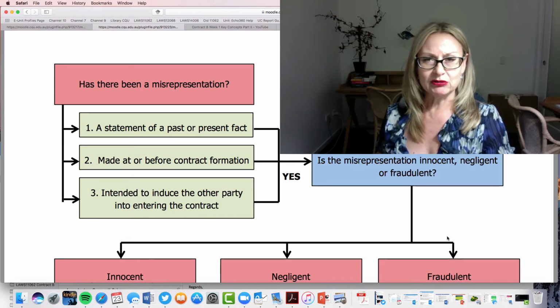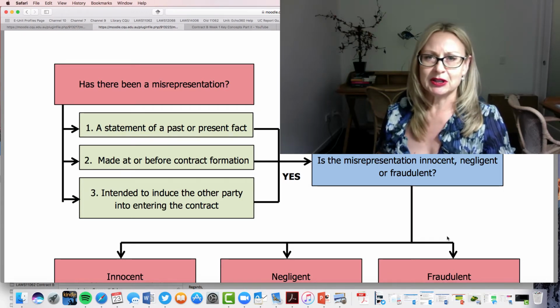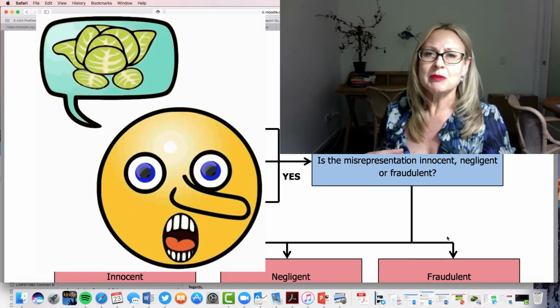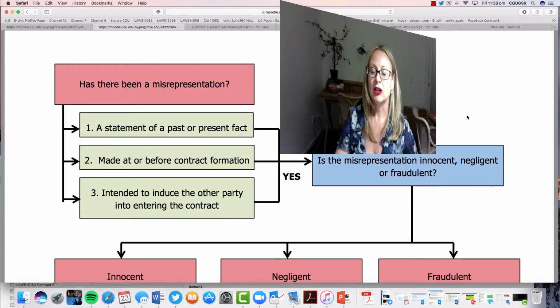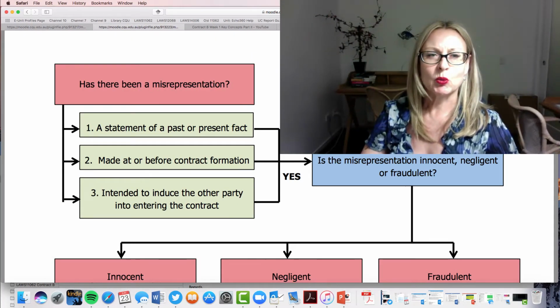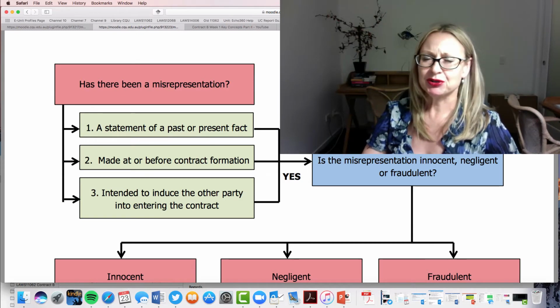Certainly a court will interpret your statement as actionable if you say that you intend to do something in future, but at the time you make the statement you actually had no intention whatsoever of doing whatever it was that you said. Likewise, where there's been a statement of opinion, something similar to a statement of perhaps your future intentions.